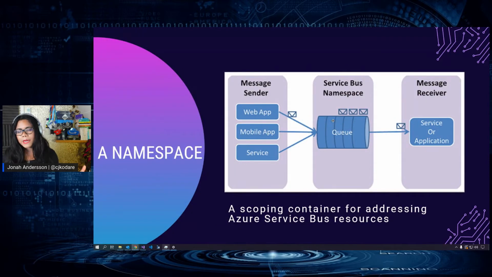So a namespace is, as mentioned, the scoping container for these Azure Service Bus entities. As you can see here, this is an image that I borrowed from Microsoft Docs. Here we have a Service Bus namespace, which has a queue entity in it. On the left, we have the message sender, and on the right, the message receiver.